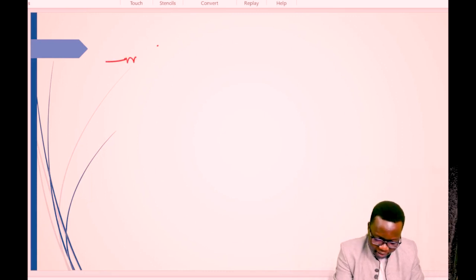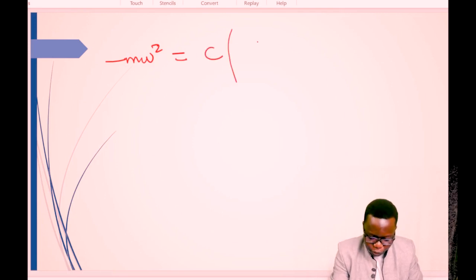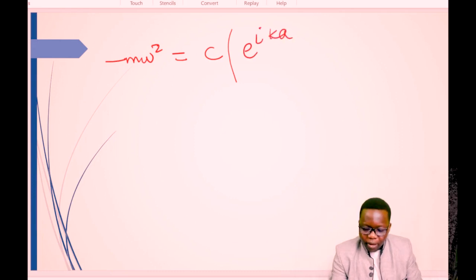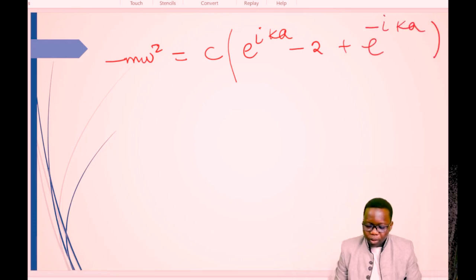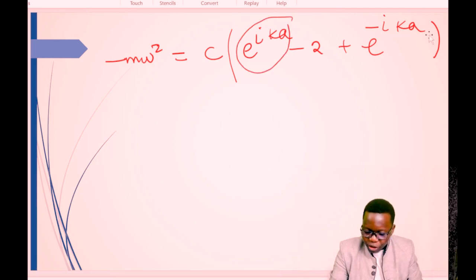So we shall have minus m omega squared equal to, if the constant we say is c, then we have c into e to the ika, and then minus 2 plus e to the minus ika. This is what we get. So we need to get some relation that connects these two things.